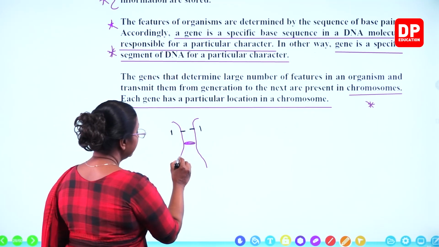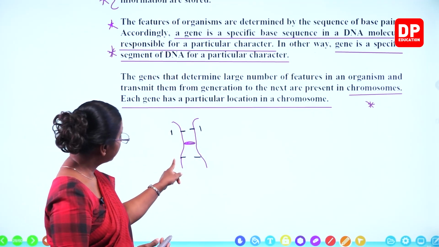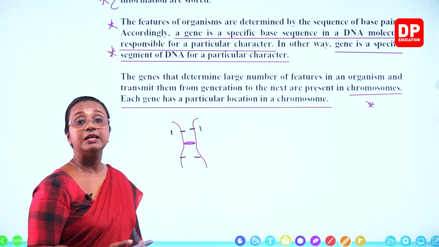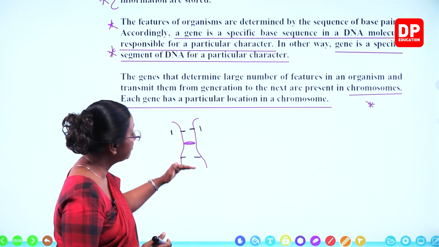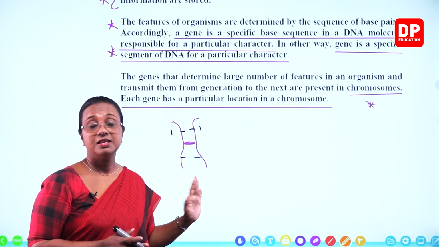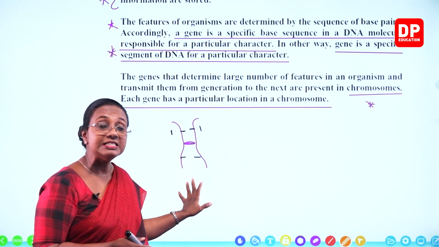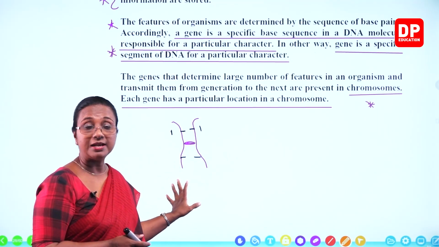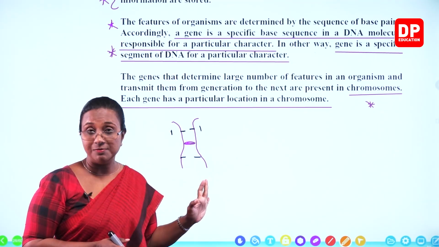Then let's say round seed and wrinkled seed, the shape of the seed might be located somewhere here. Like that, different genes have different arrangements. This is just an example, students. I am not giving you the exact chromosome pattern of a garden pea plant, I am just explaining how it will be.